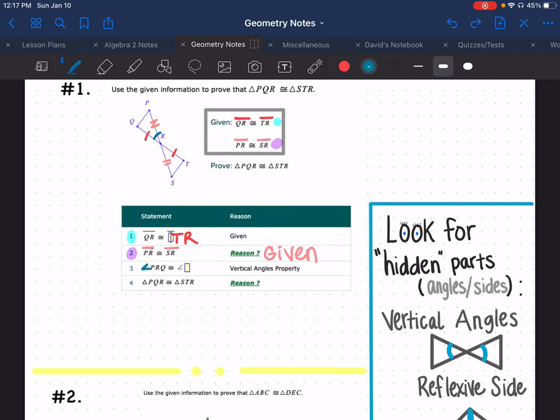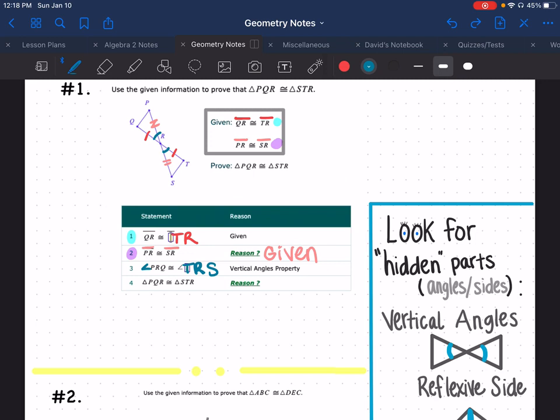Notice that they had to use the 3 letters to name it because the other angle is also R, and so you can't call this angle R. We have to be able to distinguish between them. So you would simply call it angle TRS. R has to be the middle letter.